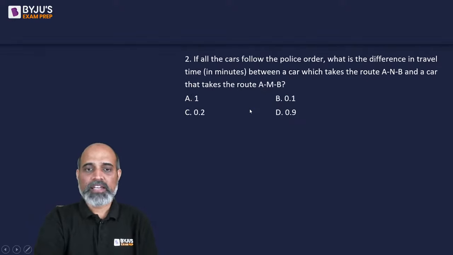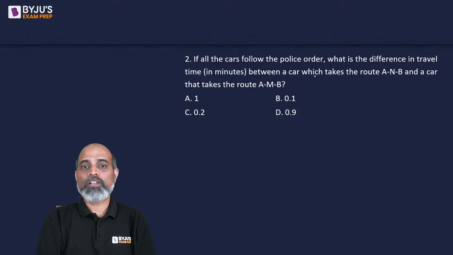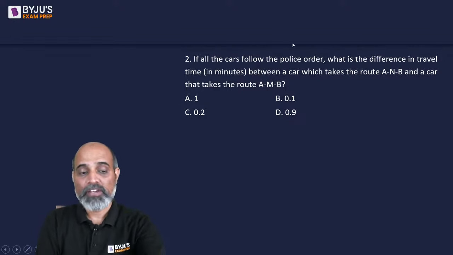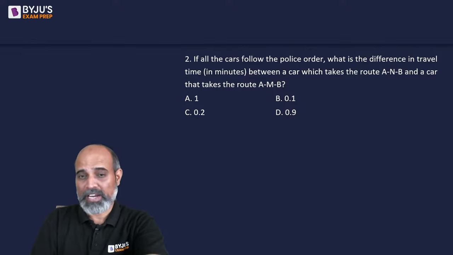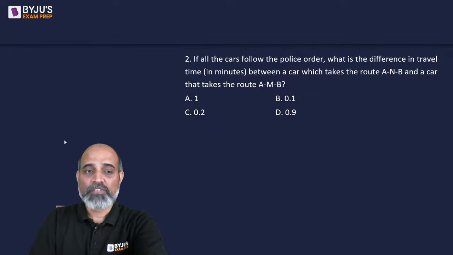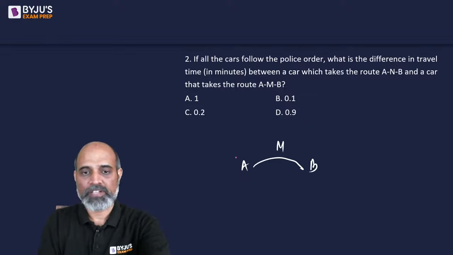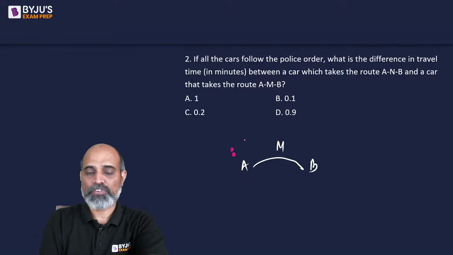Okay. Next question. If all the cars follow the police order, what is the difference in travel time in minutes between a car which takes the route A to M to B and a car that takes route A to N to B? So we right away solved this, right? We saw that the 2 cars traveling on the route AMB took a total of 9 plus 20.9, which was 29.9.